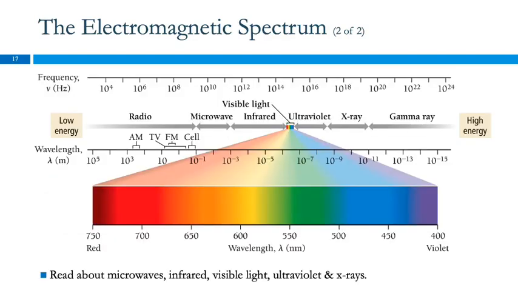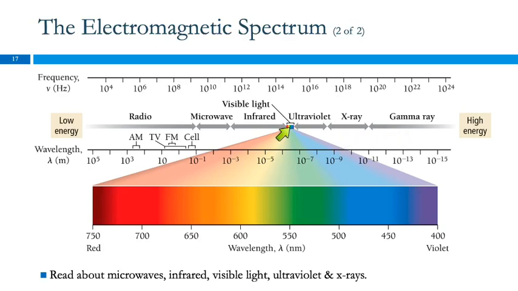So this is the electromagnetic spectrum, and this diagram is often misunderstood, so I want to point this out. Here we've got radio waves, microwaves, infrared. This is visible light. And we have ultraviolet, X-ray, and gamma rays.